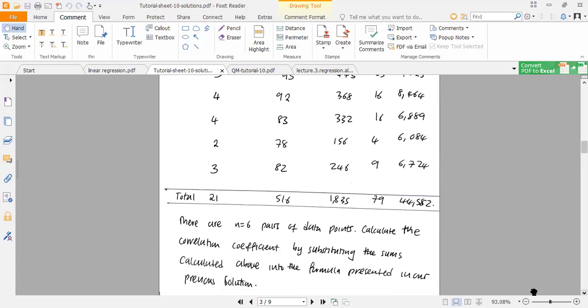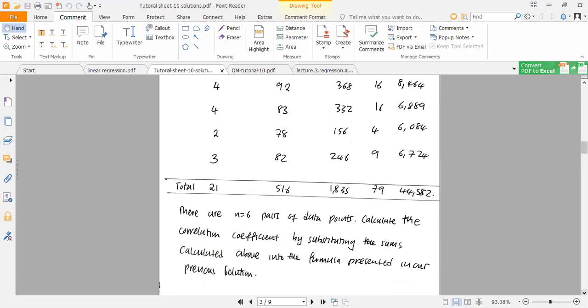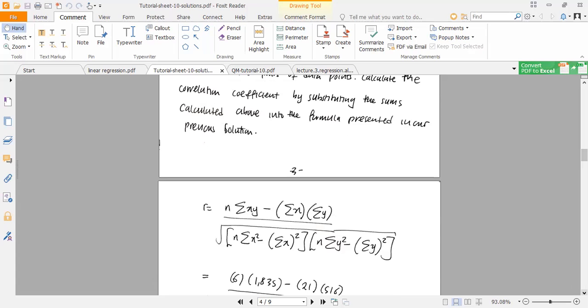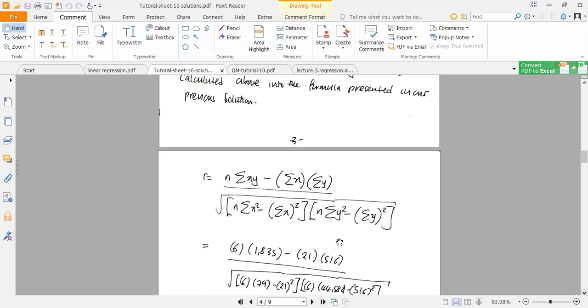So we've been asked to calculate the correlation coefficient and also the coefficient of determination. The correlation coefficient is simply used to ascertain whether we're having a positive or a negative relationship. The formula we're using is n summation of xy minus summation of x times summation of y, everything over the square root of brackets n summation of x squared minus summation of x to the power 2, brackets n summation of y squared minus summation of y to the power 2.